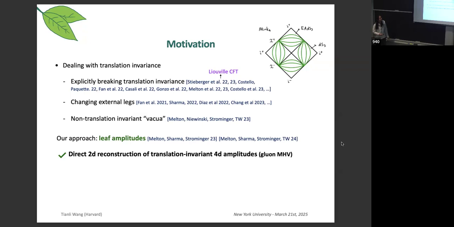Okay, so let me tell you a little bit about what leaf amplitudes are, and I'll make all this more precise with equations later on. So here I drew the Penrose diagram of Minkowski space. I labeled the future and past time-like infinities, spatial infinity, and maybe more relevant to my talk, the null infinities.